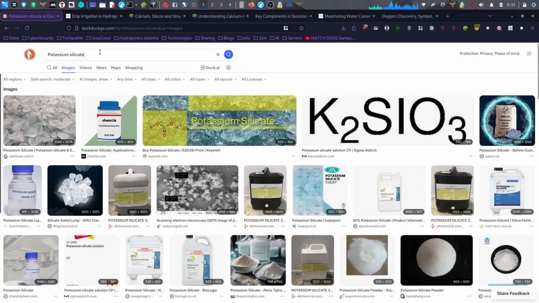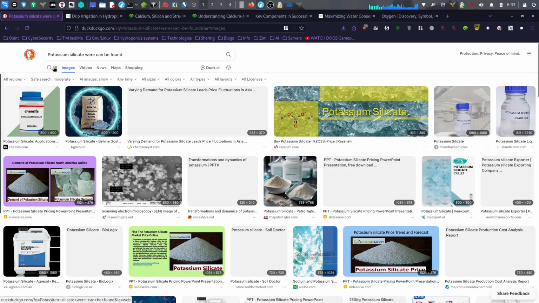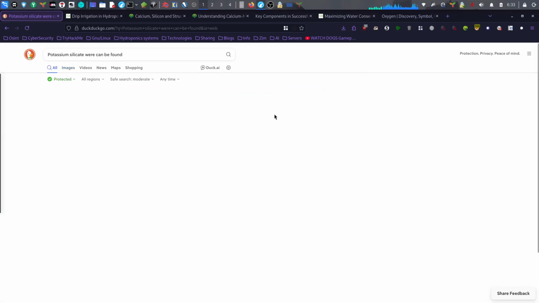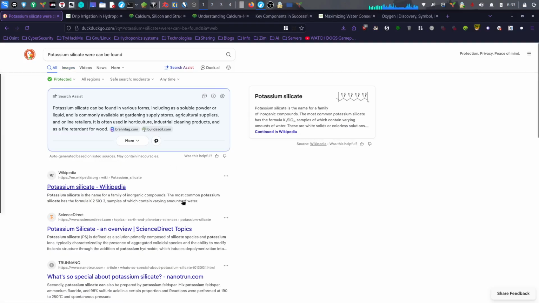Where can they be found? Potassium silicate solubility in water. The name comes from inorganic compounds. Potassium silicate can be found in various forms, including soluble powder or liquid. It is commonly available at garden supply stores. Blah blah blah.